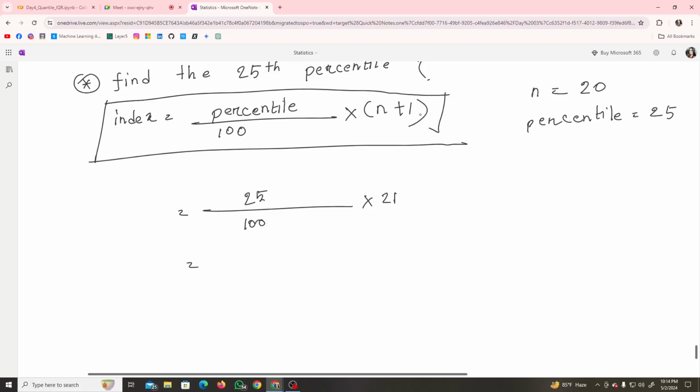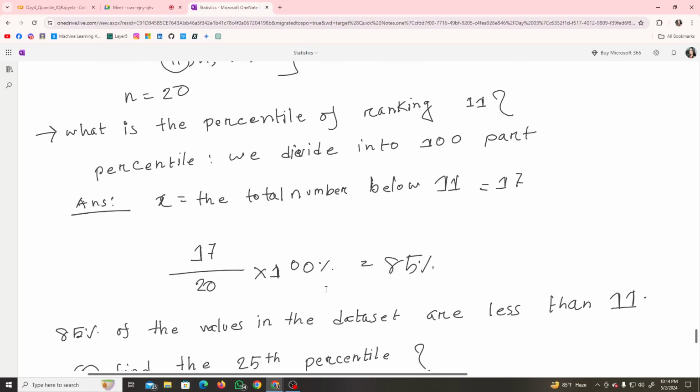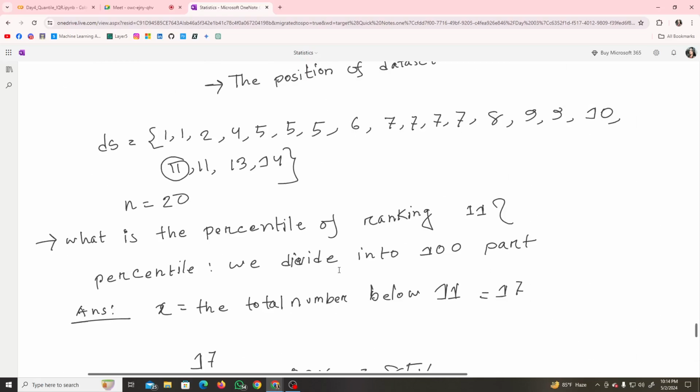You will get 5.25 index. So go back to your data set and find the 5.25 index. You cannot find a float number, right? So you go 1, 2, 3, 4, 5, and 5.25 means something between this. So you have 5.